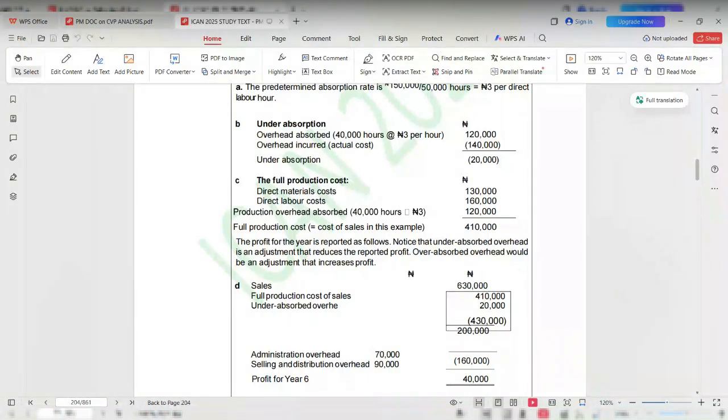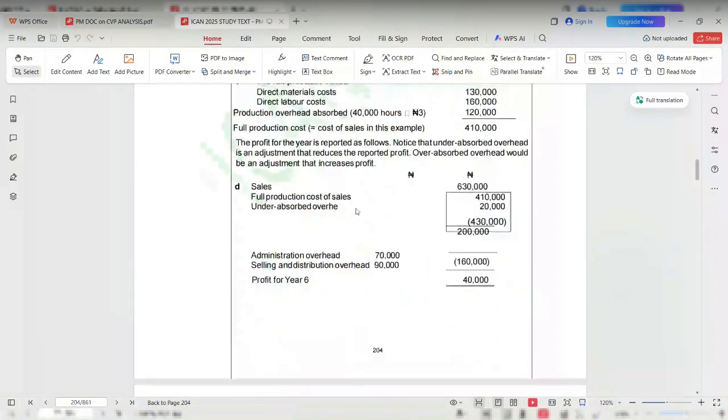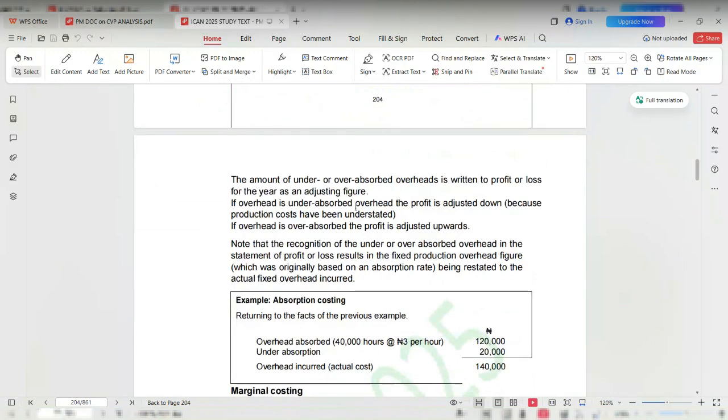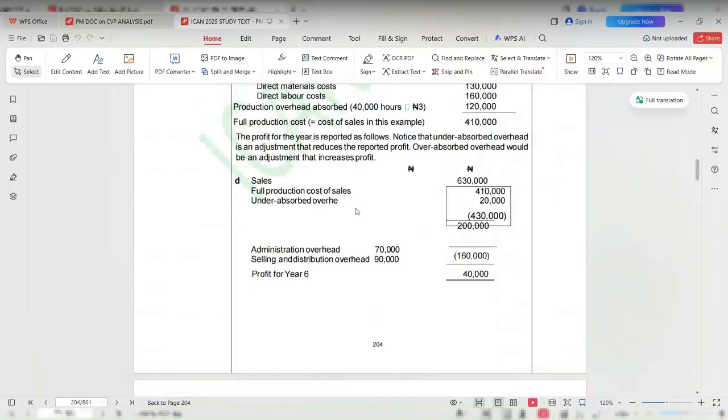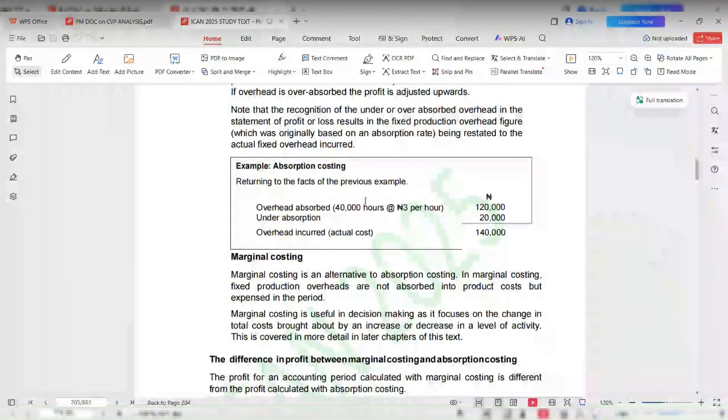In this question it is like a fixed cost, so we bring it in, since they said we don't have closing inventory and we don't have opening inventory. To get the profit, just subtract your administrative expenses and selling and distribution expenses, then you get your profits. So we have marginal costing. We've gotten there already.